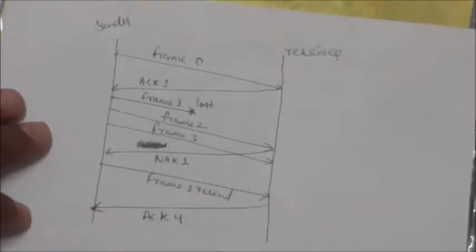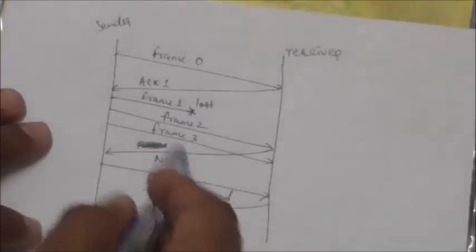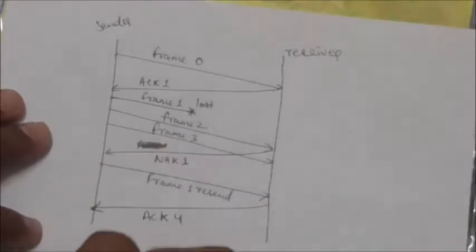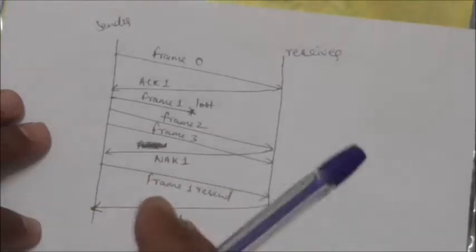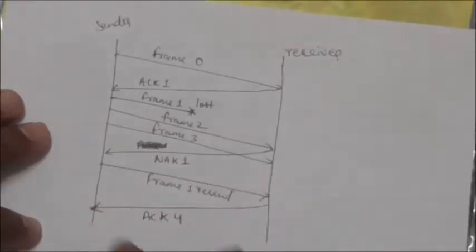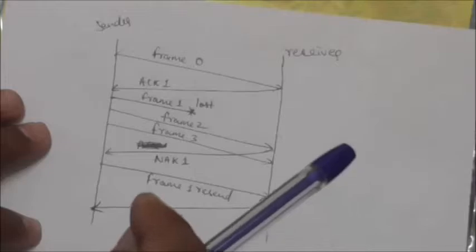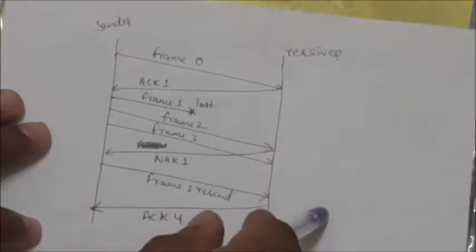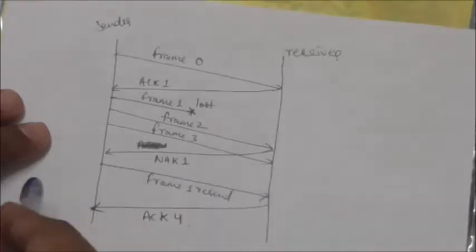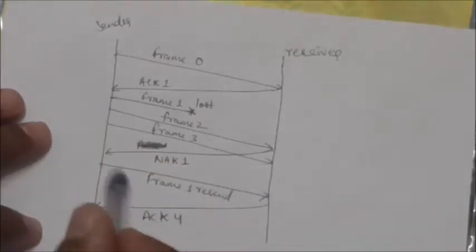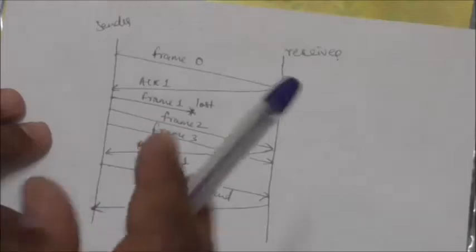Why has it not sent acknowledgements for the frames with sequence numbers 2 and 1? In this protocol, only when data are delivered to the network layer are the acknowledgements sent.